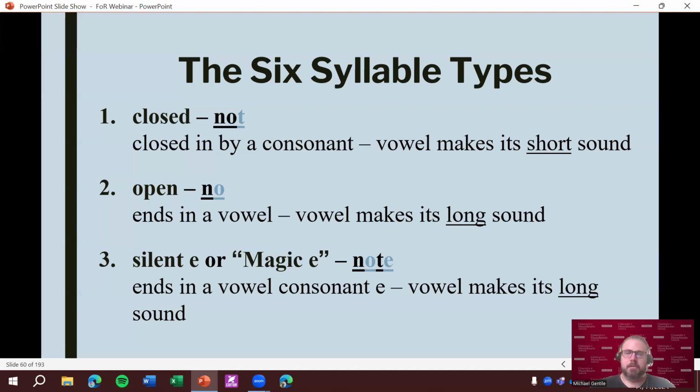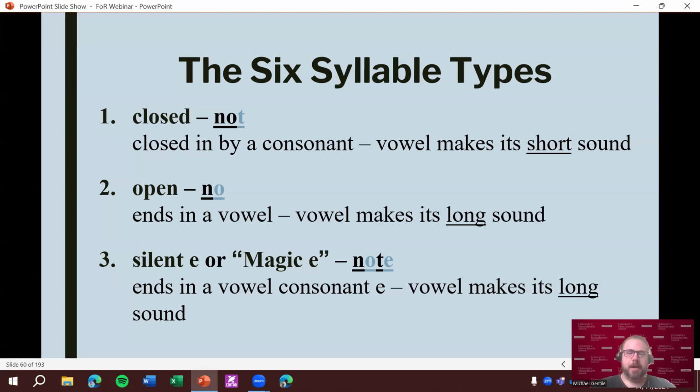In closed syllables, you can tell it's closed because the vowel is going to make its short sound. So in the word "not," we have the letter O closed in by the letter T. So we know that the O is going to make its short sound in this word. And because this is a regular word, it's a closed syllable, it says ah.